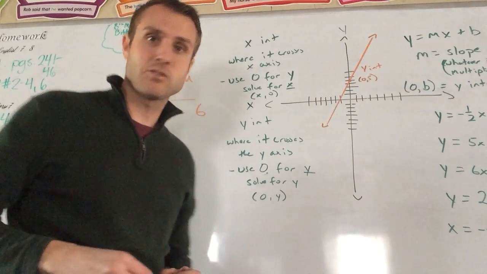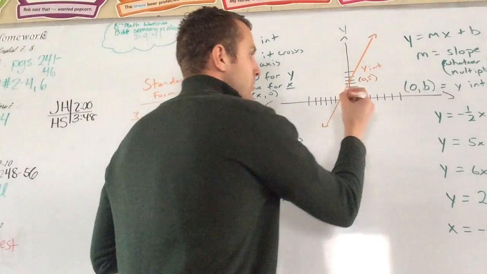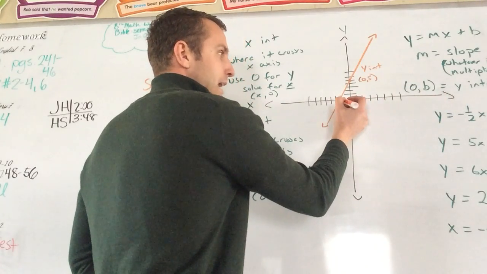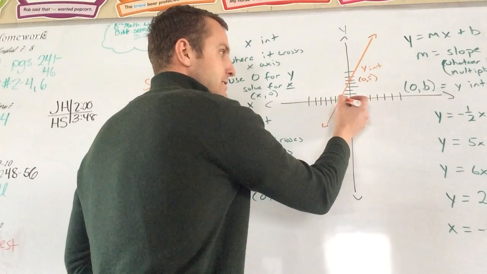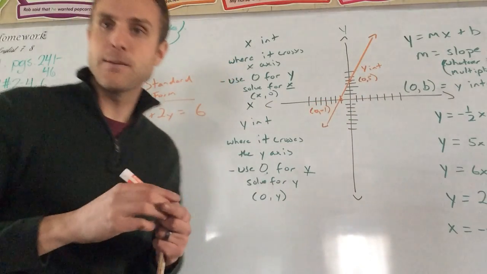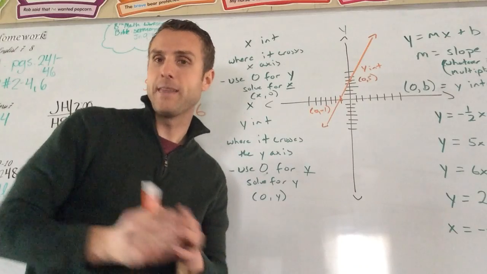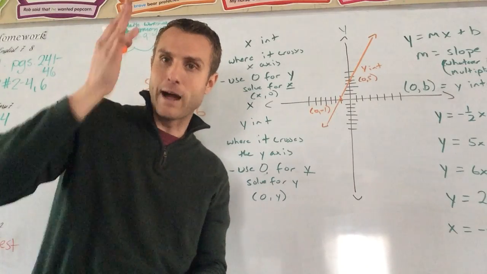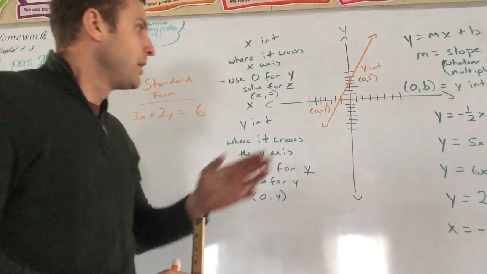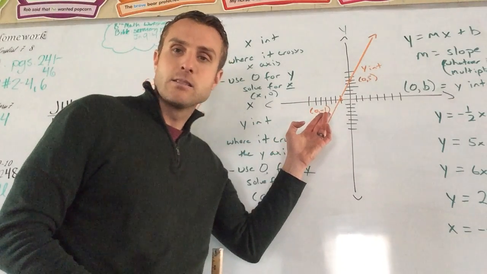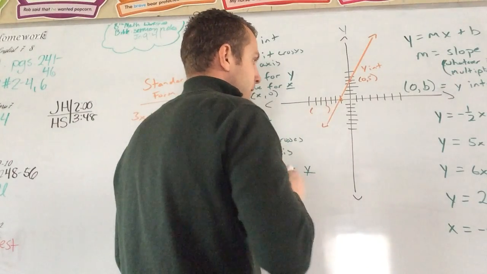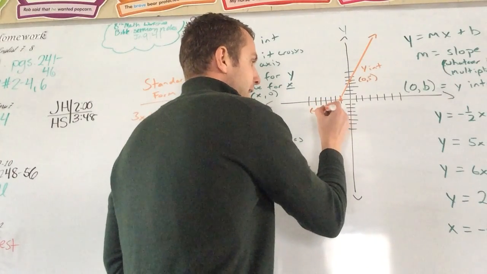My x-intercept is where my line crosses my x-axis. So that is, in this case, -1, 0. So my y-intercept will always be 0 and then a number, because on my y-axis, I haven't gone left or right, so my x is 0. My x-intercept will be, sorry, I wrote this wrong, a number and then 0.